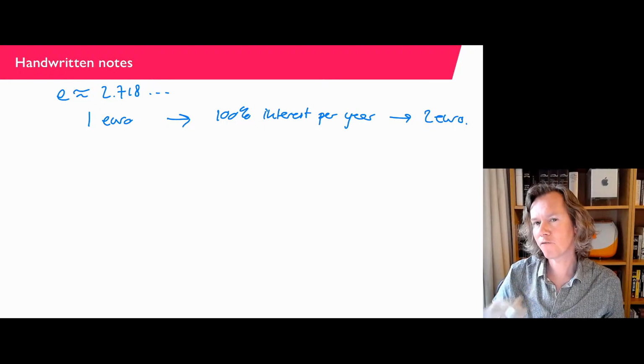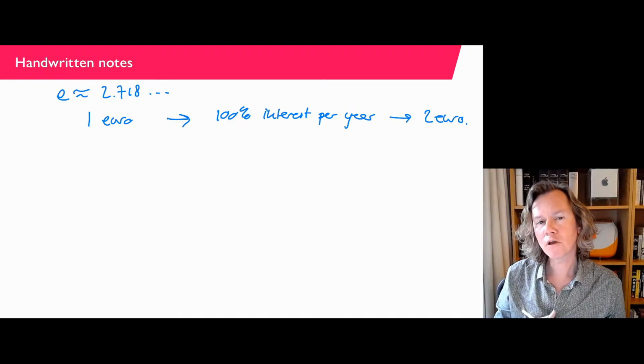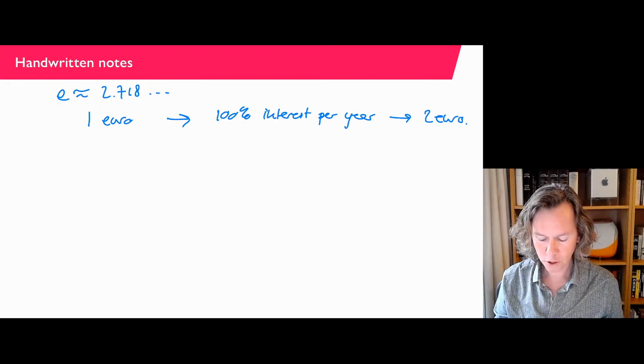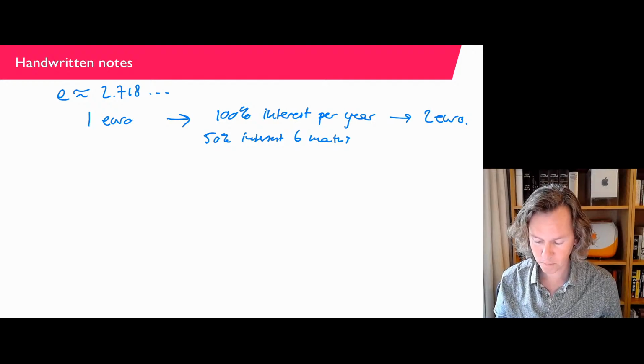Now, as a kind of thought experiment, you could think what happens if you do not get your 100% interest after 1 year, but you say, well, I would like to have 50% interest after 6 months. So after 6 months you would be getting €1.50.